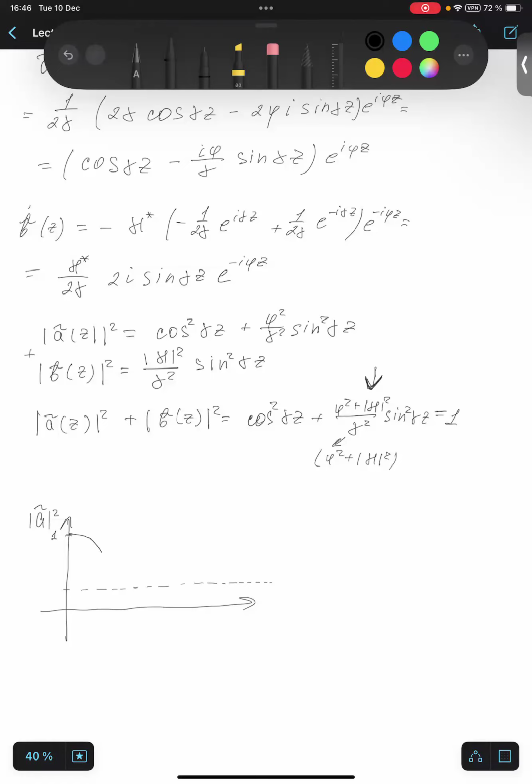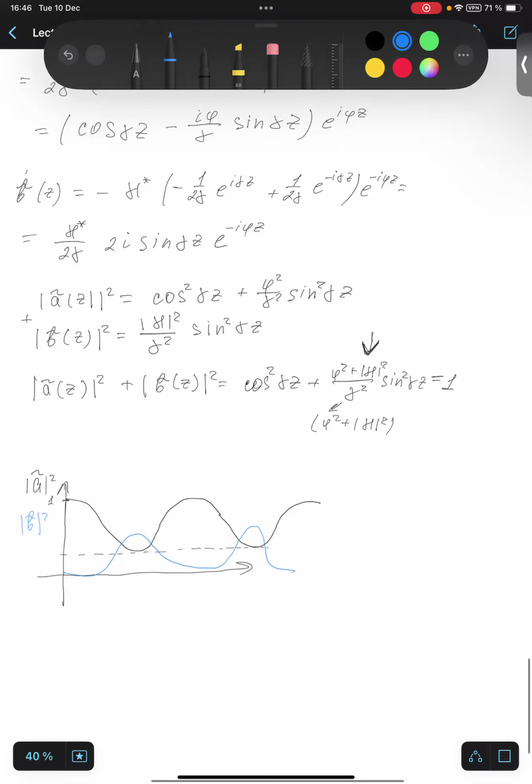And it looks something like this. Oops, I'm sorry. And if we try to plot the b tilde squared, it will be something like this. So the energy flows from one mode to another.